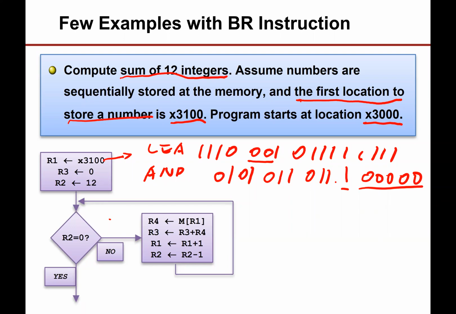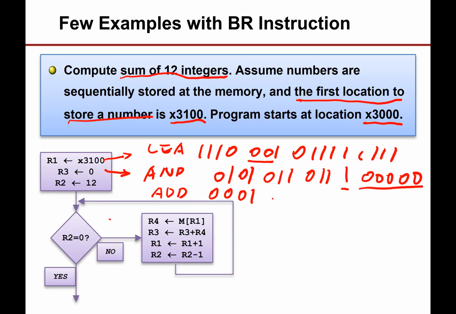To clean the R3. So for the third line, the integer number 12 stored into a register, we can use the ADD, not AND, add. So add is 0, 0, 0, 1, right?